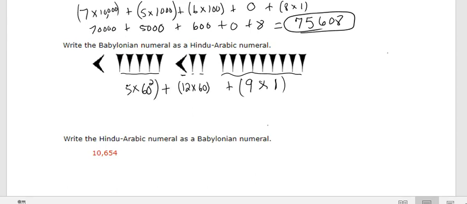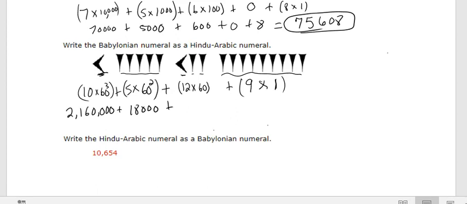is 60 squared. And then finally, this is by itself. There's a gap here. So that's going to be 10 times 60 cubed. 60 cubed is 216,000 times 10 is going to give us 2,160,000. 60 squared is 3,600 times 5 is going to give us 18,000.